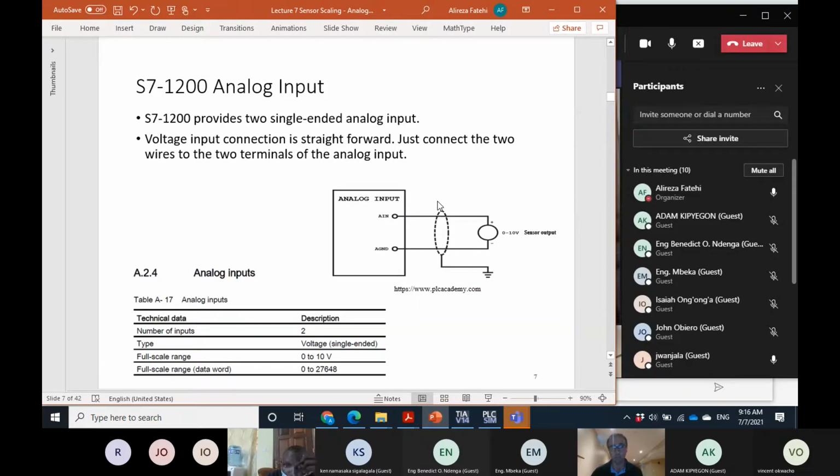The two analog inputs supported by this PLC are voltage based. It does not support current based. The standard range that it can read is between 0 and 10 volts.